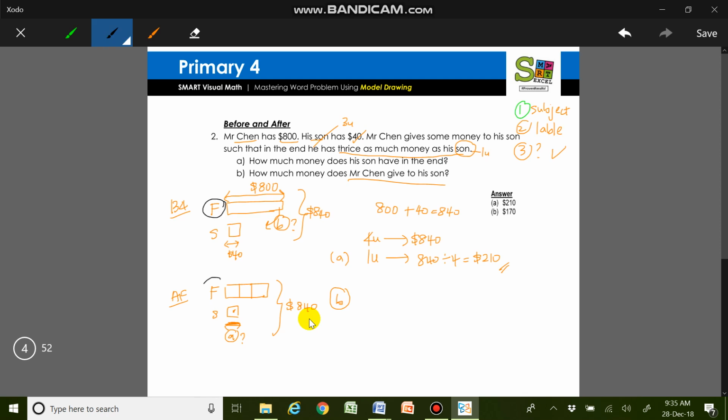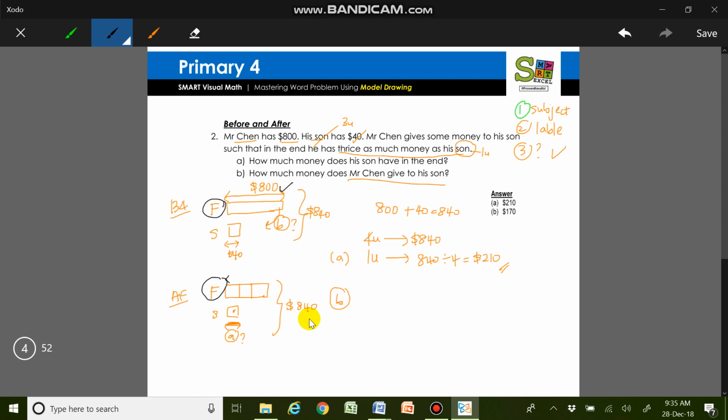Usually I get my students to circle the giver, the father. You need to know how much the father has at first and how much the father has in the end, and we minus it off. The difference is the amount that the father gives to the son. This concept we need to explain quite slowly to the child so that they can understand why we minus it off.